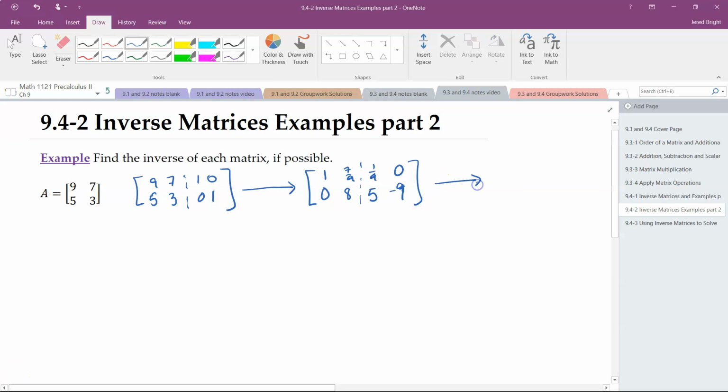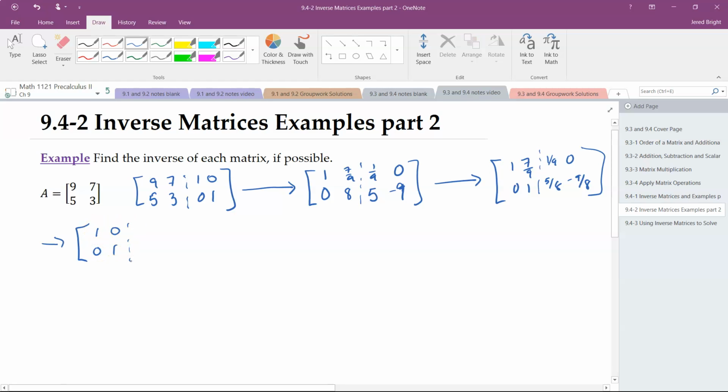Okay, I'm going to take the second row and divide it by 8. So 7/9, 0, 1, 1/9, 0, and then 5/8, -9/8. And then lastly, I'm going to multiply row 2 by -7/9 and add it to row 1. So then I'm going to get the identity on the left.